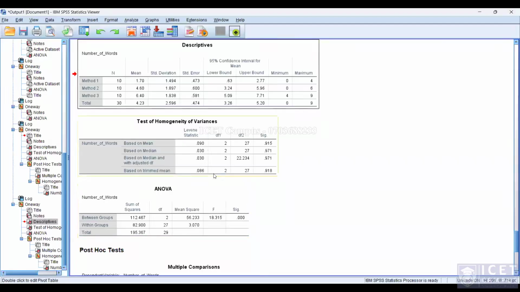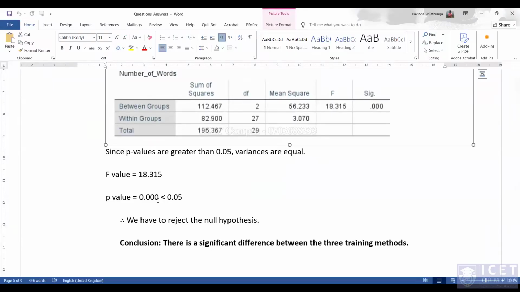Then F value is, therefore, p value is 0.000. That is less than 0.05. Therefore, we reject the null hypothesis. Then we can write the conclusion. There is a significant difference between three training methods.